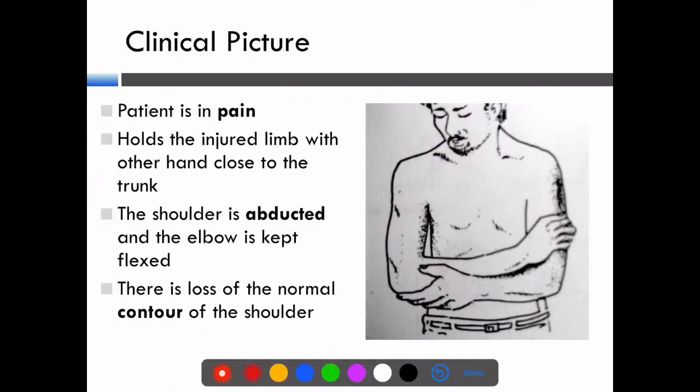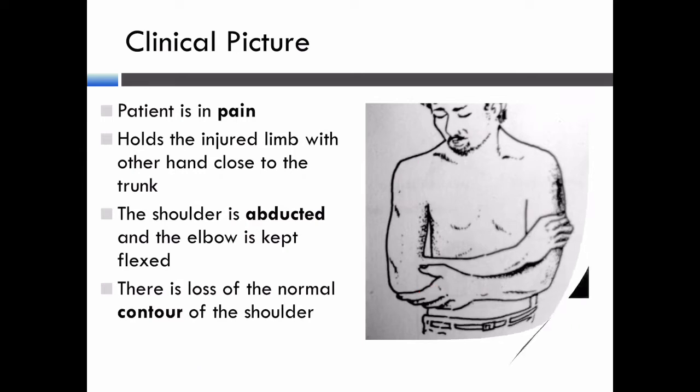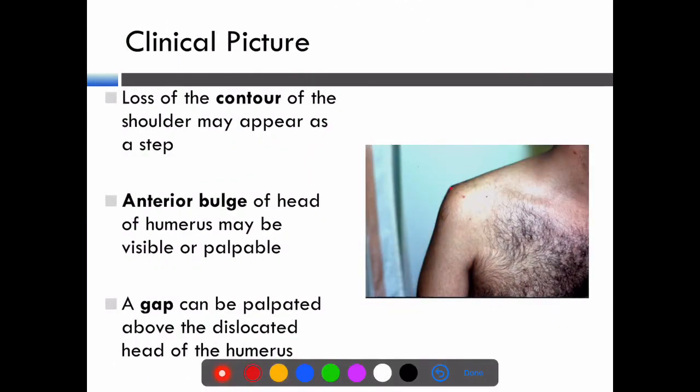This is a typical posture. The patient is in severe pain, holding the hand steadily abducted. The patient cannot bring the arm near the body. There is loss of contour. If you palpate in this area, there is a hollow, a gap underneath the acromion.